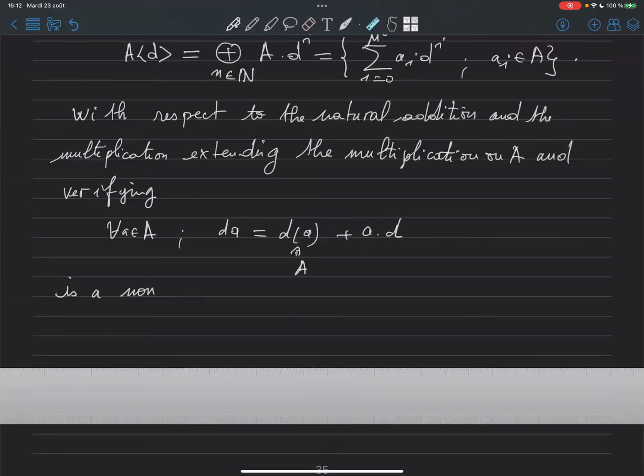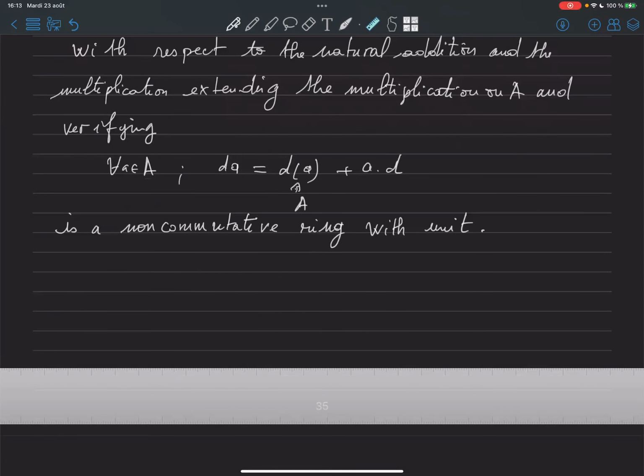Since the derivative is not equal to 0, we are sure that this ring is not commutative, because there is at least one element for which dA is different from 0, which means that dA is different from AD. And the unit here is exactly equal to 1. It's the differential polynomial that has only one coefficient not equal to 0 and equal to 1.